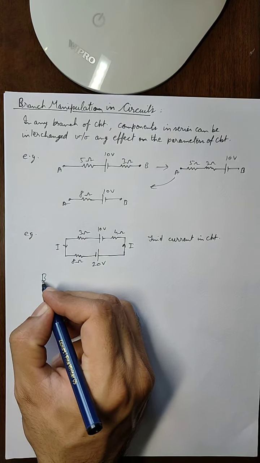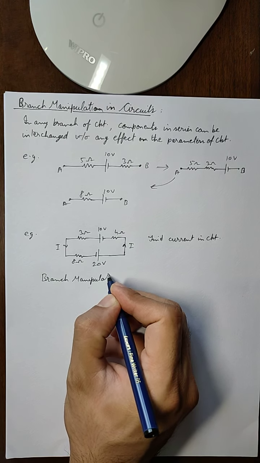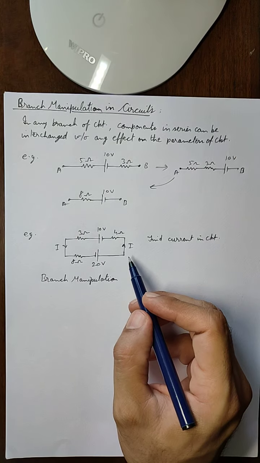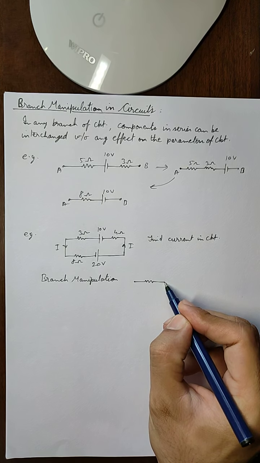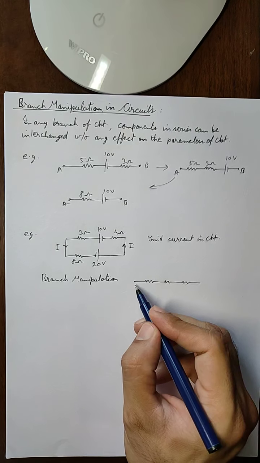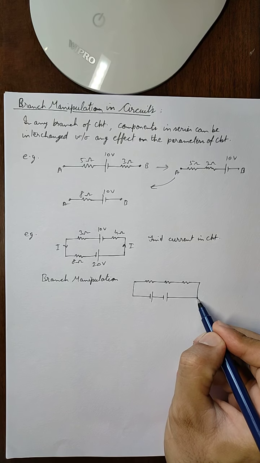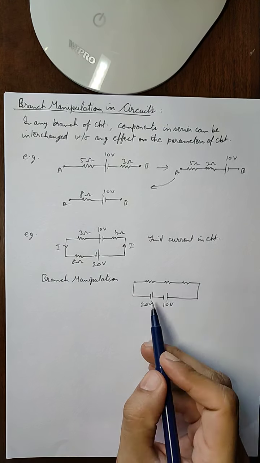So if we use branch manipulation, then we can redraw this circuit in this way, in which this battery will be of 20 volt and this will be of 10 volt, and this resistor will be of 8 ohm, this is of 3 ohm, and this is of 4 ohm.